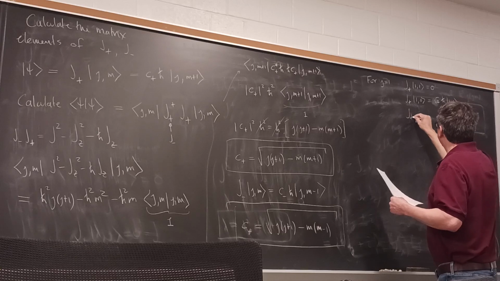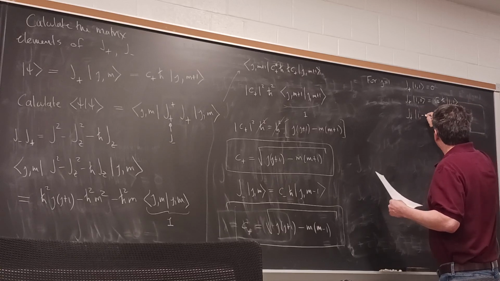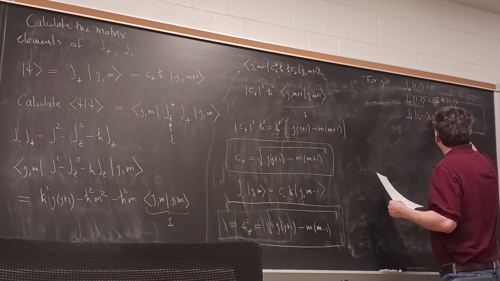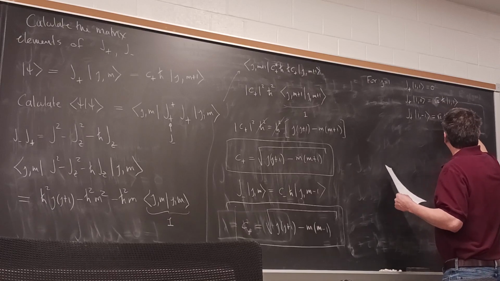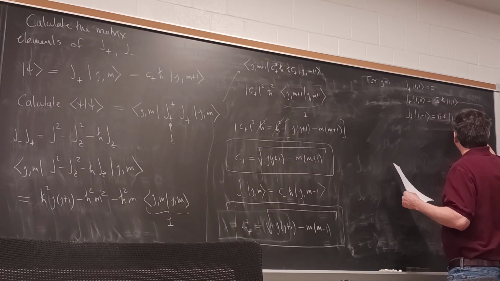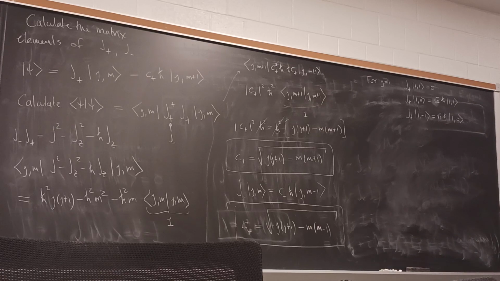And then J plus on the bottom state was also root 2 H bar, now times 1 on the middle state. Right? That's just in our new notation.